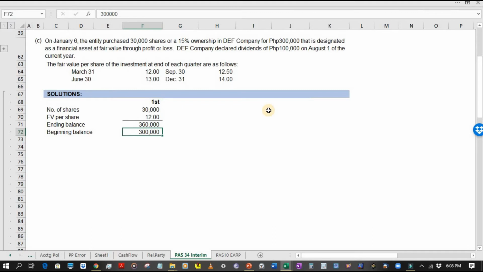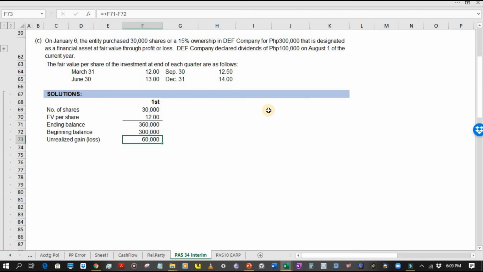So, of course, it has increased by 60,000 pesos, which is an unrealized gain. The 60,000 pesos will be recorded during the first quarter income statement, which will be presented in the profit or loss.